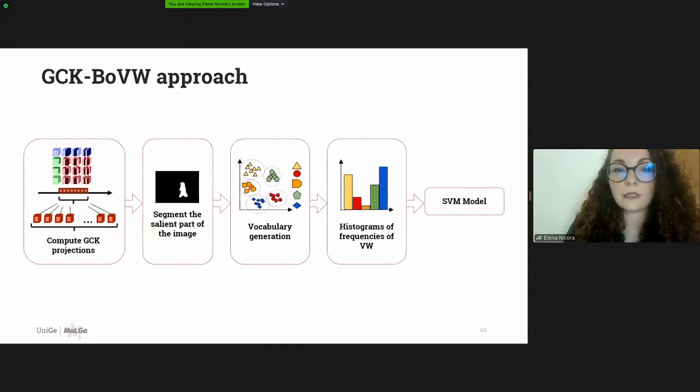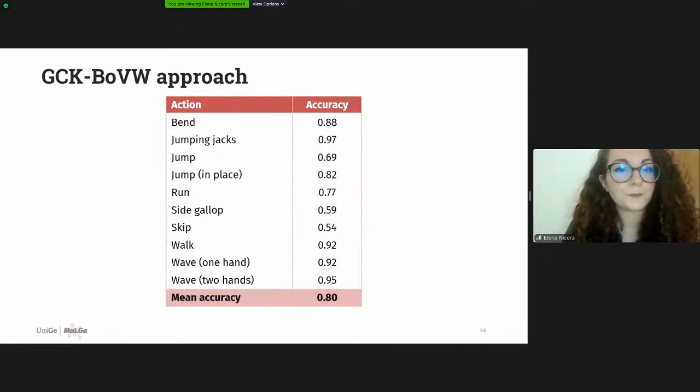From this clustering algorithm, we select the centroids of each cluster as our vocabulary atoms. And after that, we translate all the interesting feature vectors into a histogram of frequencies of these vocabulary atoms. And we used, in the end, an SVM model.